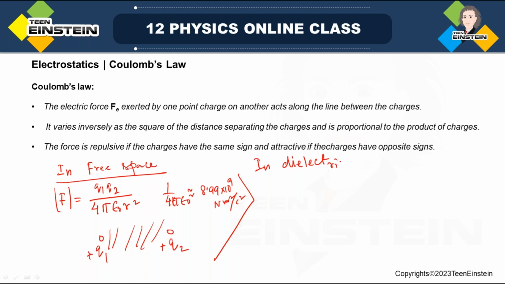But in a dielectric medium, what happens?